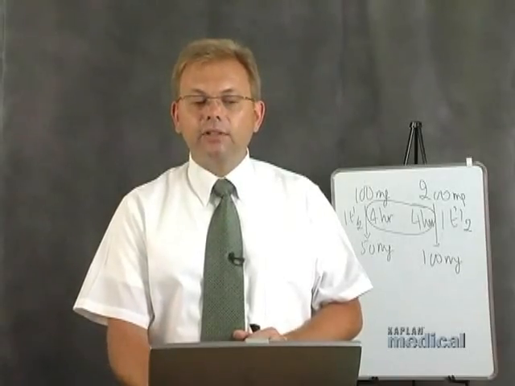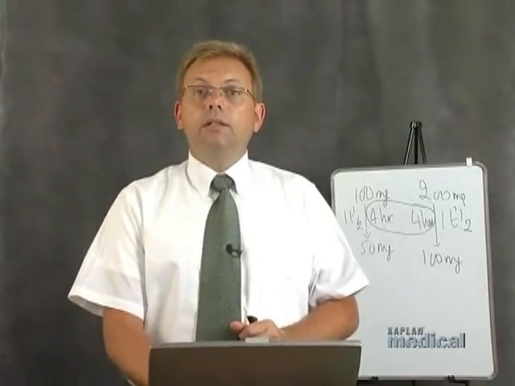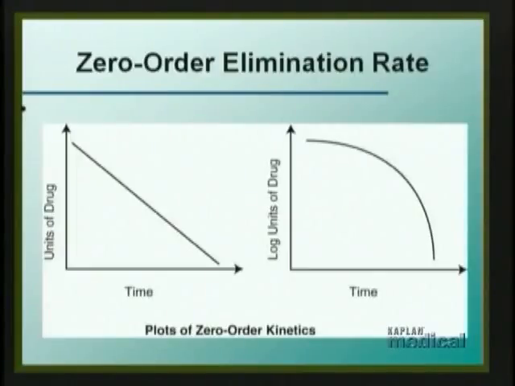If I backtrack a little bit, the big issue is when you see a straight line as a curve, is it zero or first order kinetic? Well, you know the answer will rely on looking at the y-axis and the scale. If on the y-axis you purely have units of drugs, not a log scale, then a linear kinetic is zero order and you're losing a constant amount per unit of time.